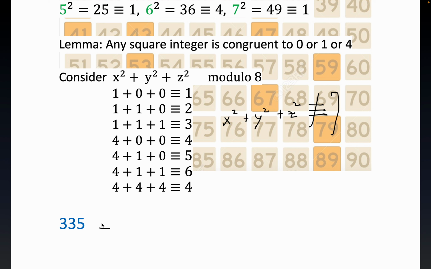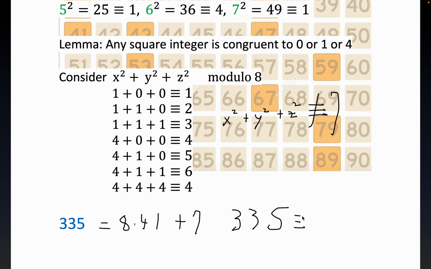Let's take a look at our number of interest. 335 is equal to 8 times 41 plus 7, you guessed it. Another way of writing this is to say that 335 is congruent to 7 mod 8.